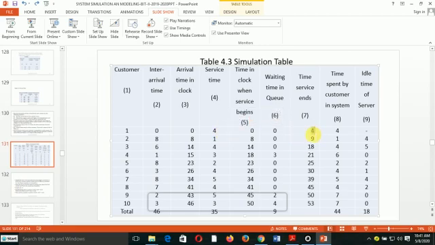So I will take 4 plus 0, it will be 4. 3 plus 18, it will be 21, like this.